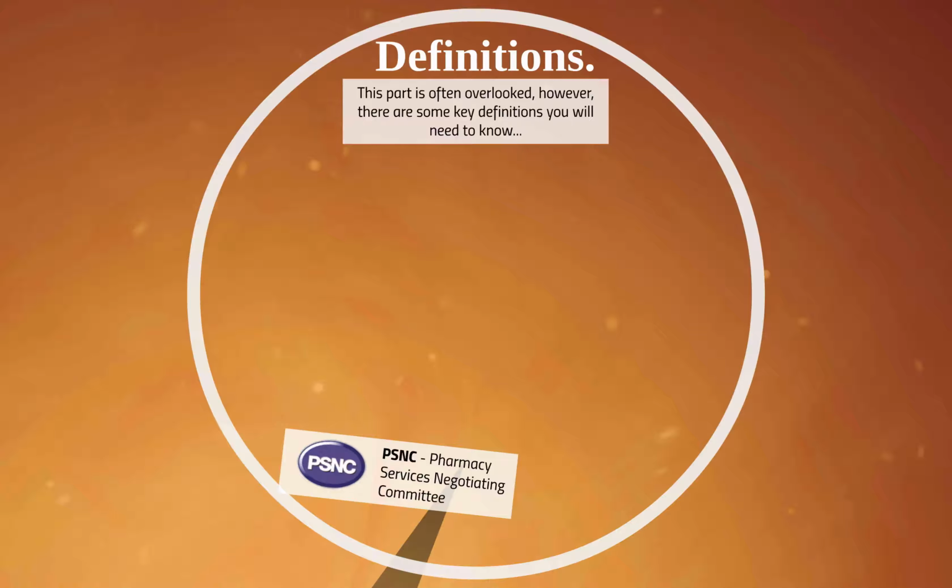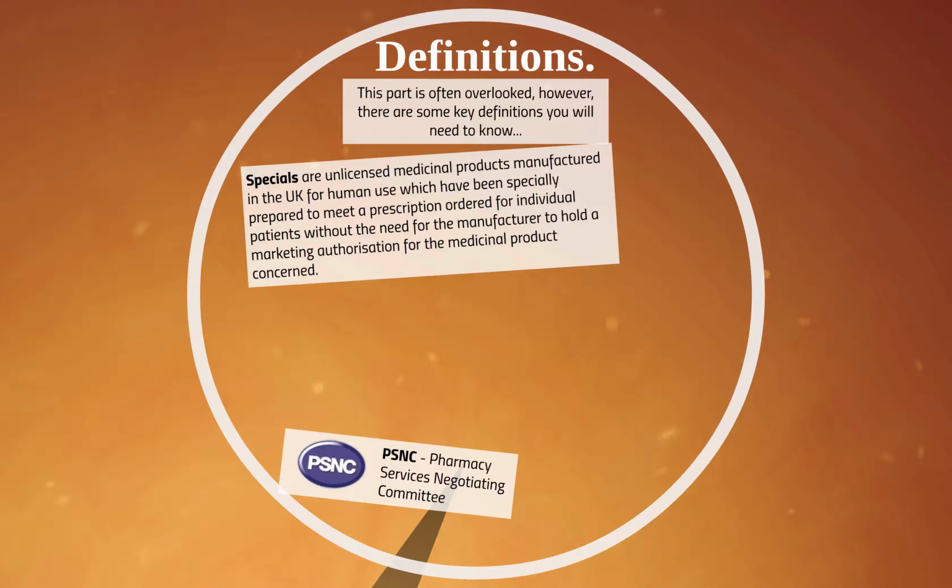So definitions. This part is right at the beginning and is often overlooked. However, you need to know, firstly, what a special is. A special is an unlicensed medicine which is manufactured in the UK for human use, which has been specially prepared to meet a prescription ordered for an individual patient without the need for a manufacturer to hold a marketing authorization for the medicinal product.